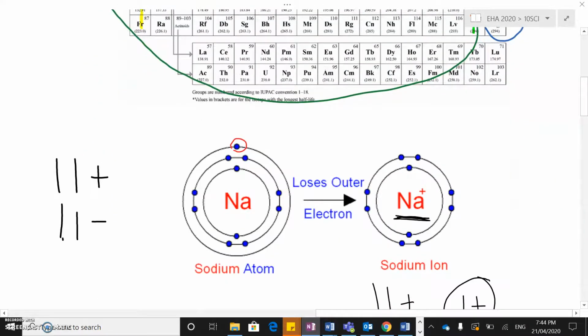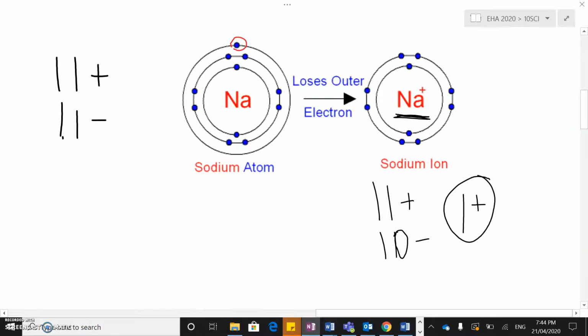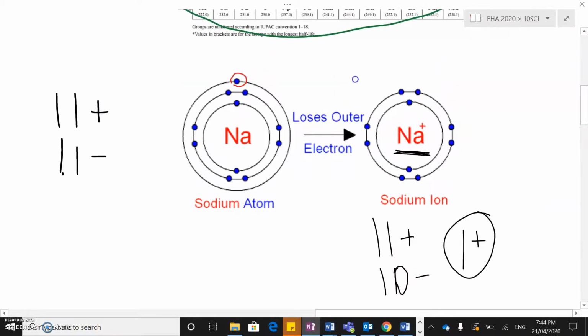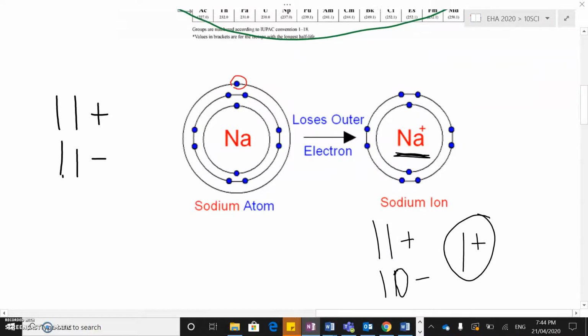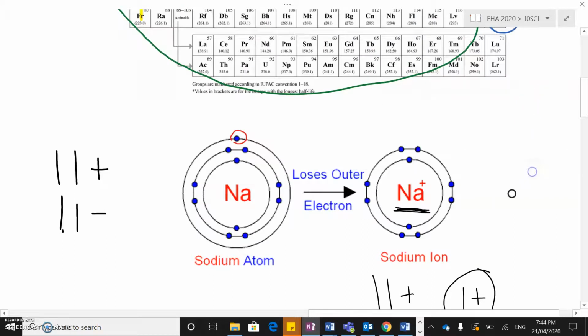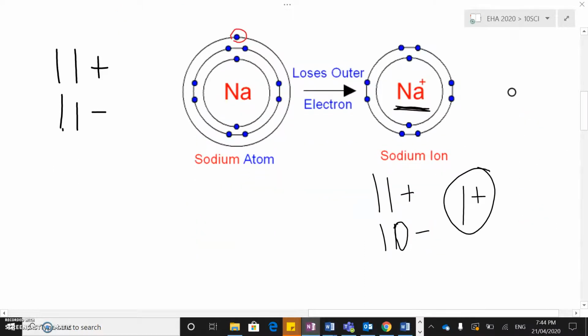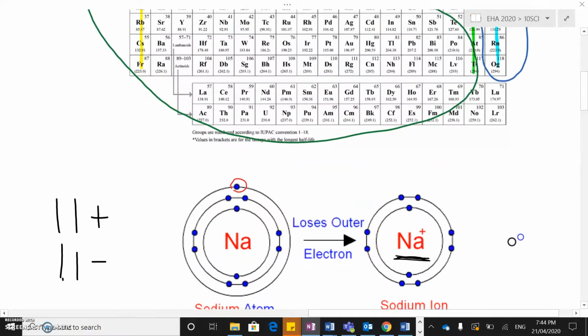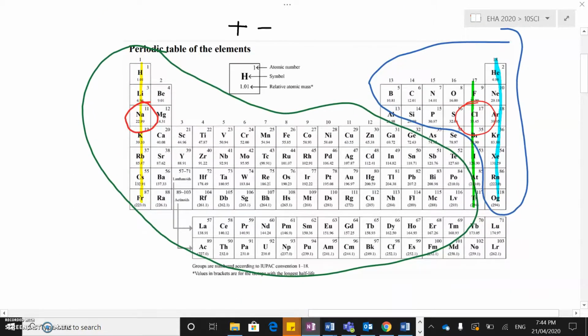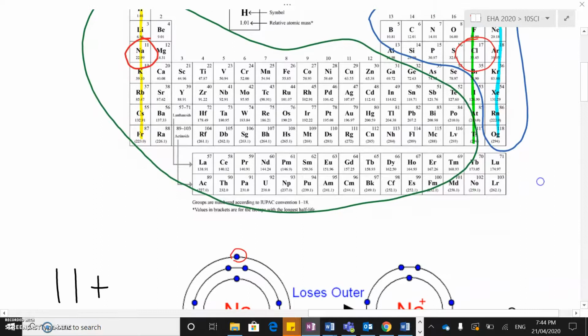Guess where it gains that electron? Bada bing, bada boom, from our sodium atom. Our sodium atom here is quite happy to donate its little extra electron to a chlorine atom, the chlorine atom that needs 1 more electron to be happy and full.